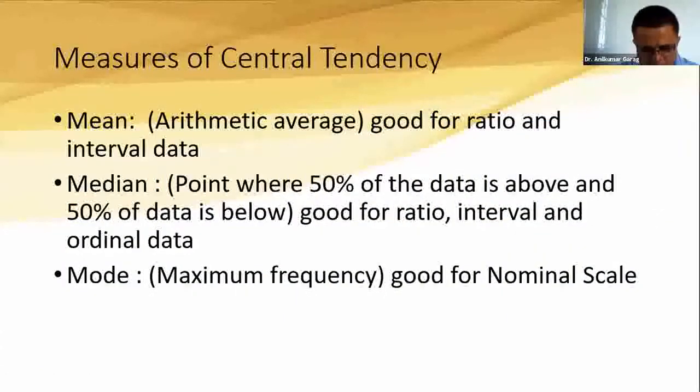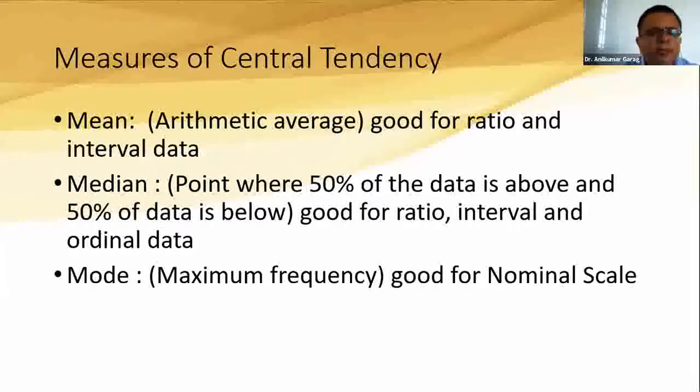Then another way of describing data is the mean, median, and mode. Since most of us have studied this long back, I thought let me not spend too much time on this. But nevertheless, I thought let's just look at these measures of central tendency and talk about where they are useful.